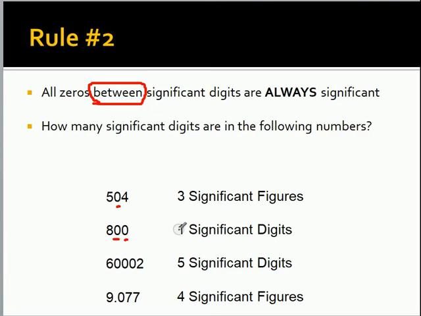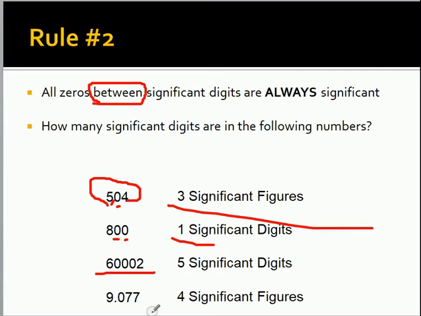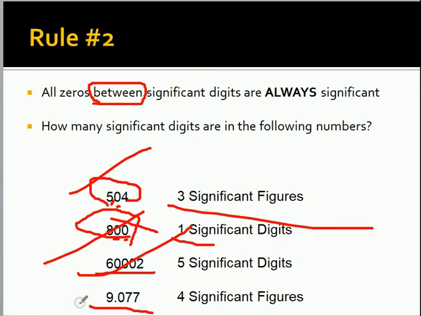So this one will give you 1 only. But this is between 2 significant digits, 4 and 5. So this one will give you 3. This one will also give you 5 because it's between 2. And so will this one. Except this one. All of them are right. So that's your rule 2.